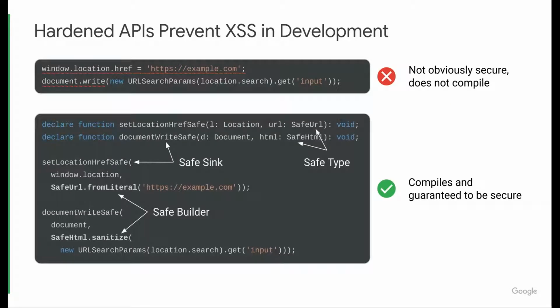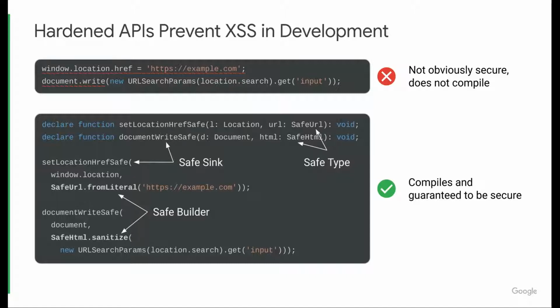Let's see an example of the hardened APIs. At the top, there are two XSS-prone DOM APIs, window.location.href and document.write. Both APIs take strings and interpret them as URLs or HTML. At the bottom, there are the hardened APIs. You can see that the new APIs take safe type values as parameters instead of plain strings.